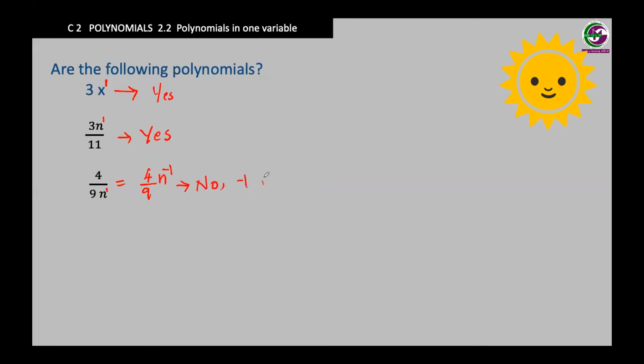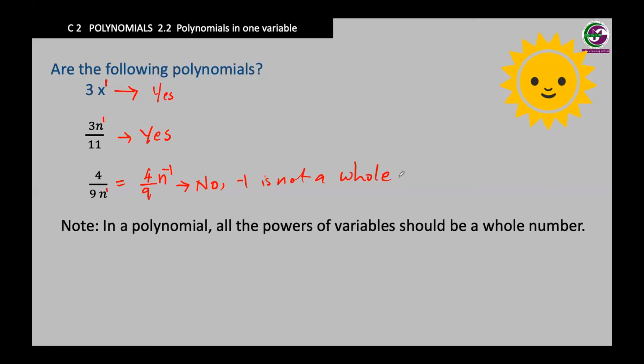Because negative 1 is not a whole number. So how can you define a polynomial? In a polynomial, all the powers of the variable should be whole numbers, which means you can have 0 even, but you can't have a negative number or a decimal number or a fraction.